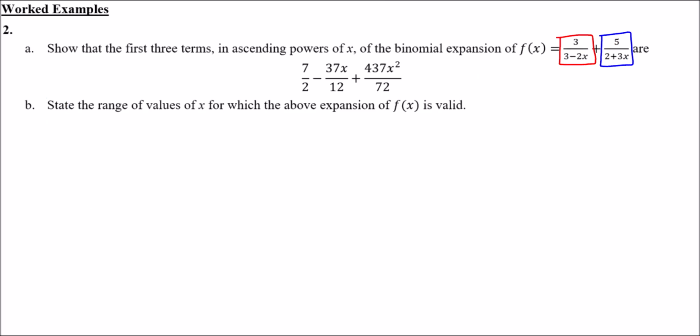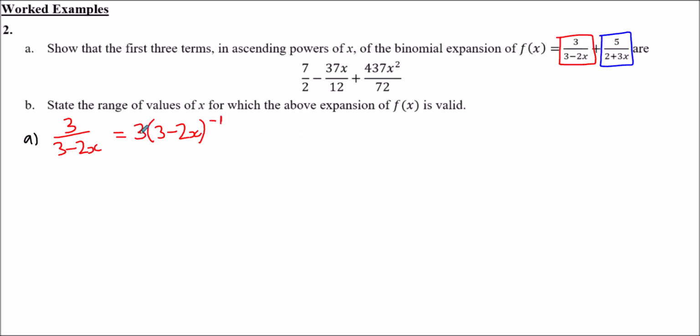So for part A, what we have is 3 lots of 3 minus 2x to the power minus 1 essentially, because this 3 minus 2x is on the bottom of a fraction. So we can rewrite this as 3 times by 3 minus 2x to the power minus 1.